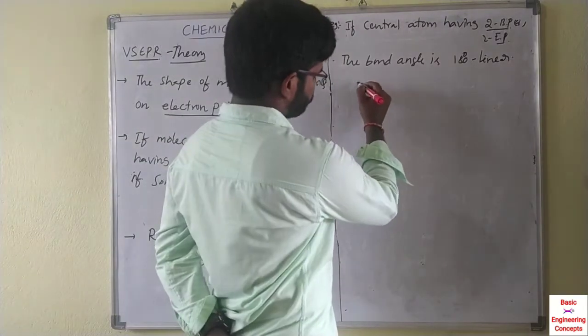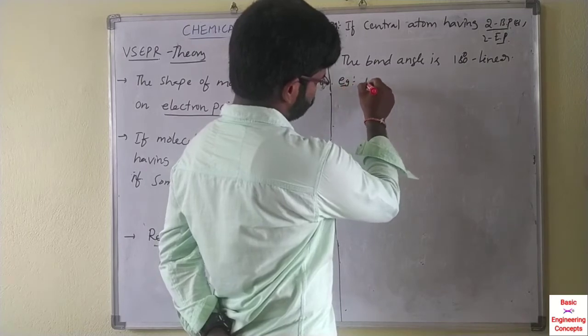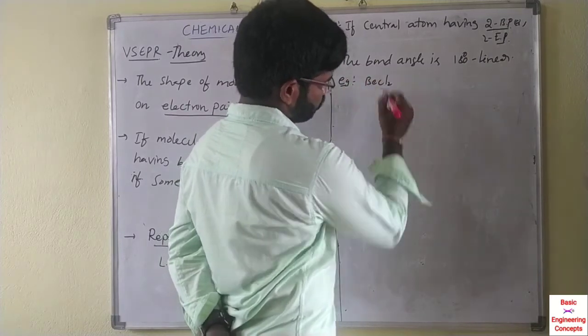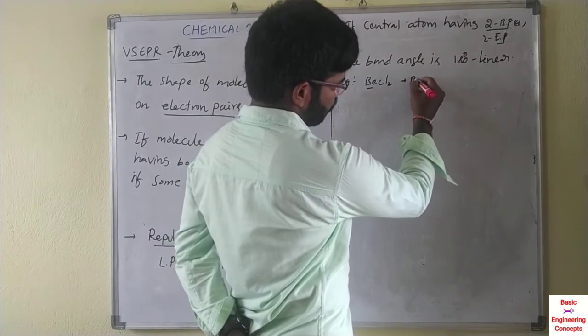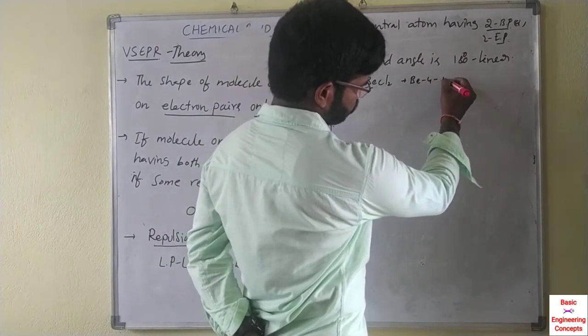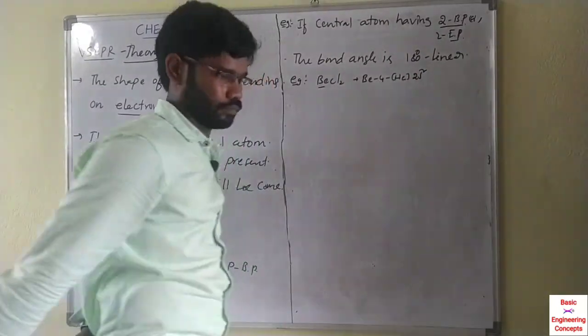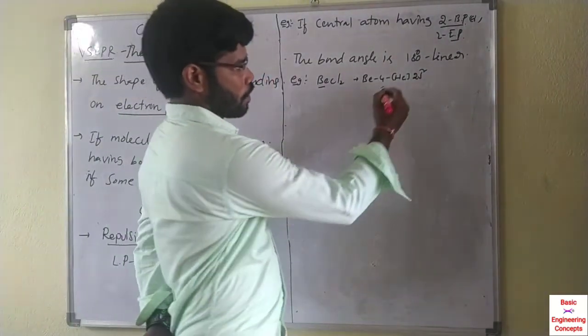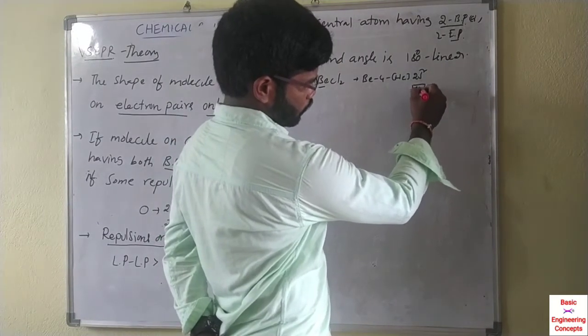For example, BeCl2. Beryllium has atomic number 4. You can write helium 2s2; in this, 2 electrons are there.